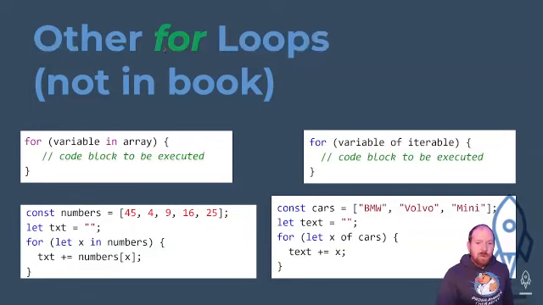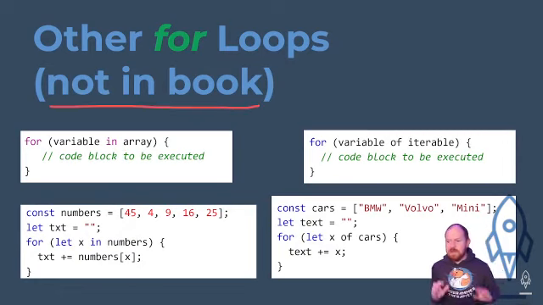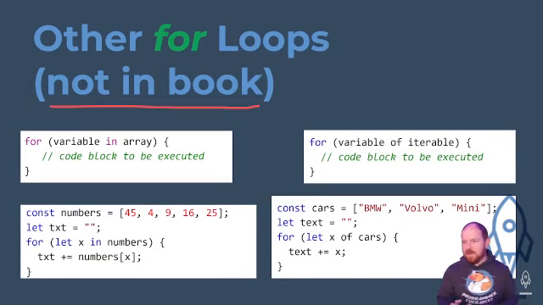There are other types of for loops that are not in the book. If you have an array, so again, this is not in the book. So if you're struggling with arrays, this is a page that you don't have to look at. I'm just going to talk about it real quick, and then we'll keep going. I call it for each. So it's for each variable in the array, do something.